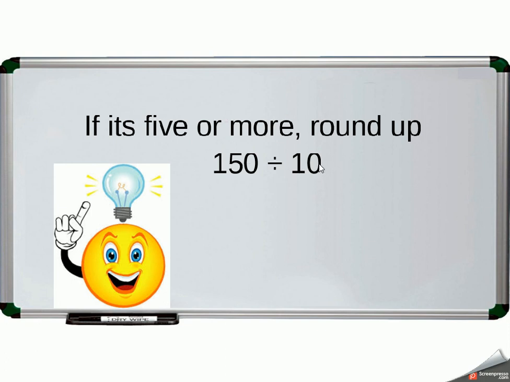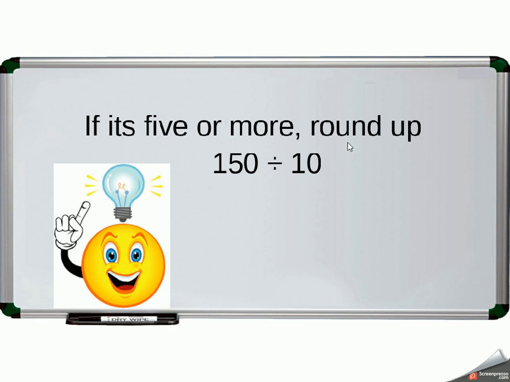So we put a 1 in the column to the left of it, and change everything else to a 0. Because the 8 was 5 or more, I rounded up, and the 8 became a 10. It's closer to 10 than it is to 0.